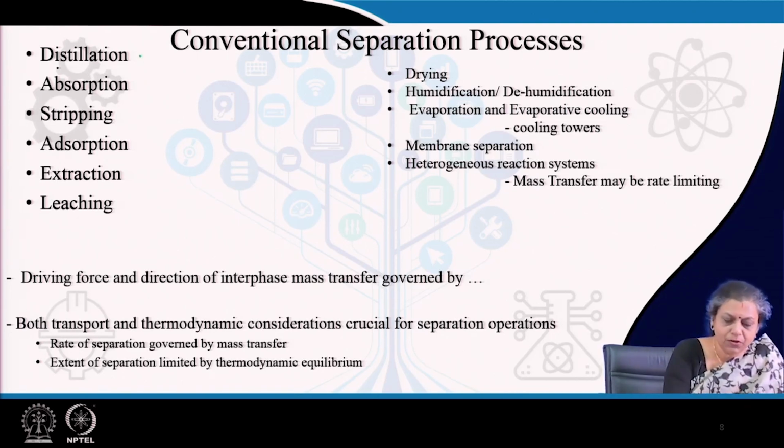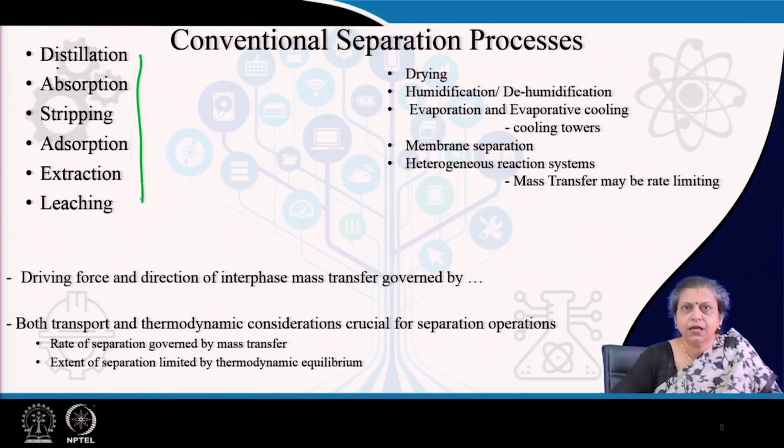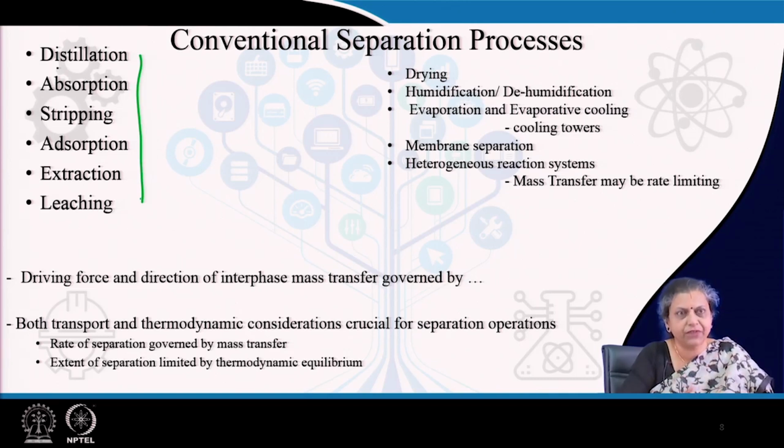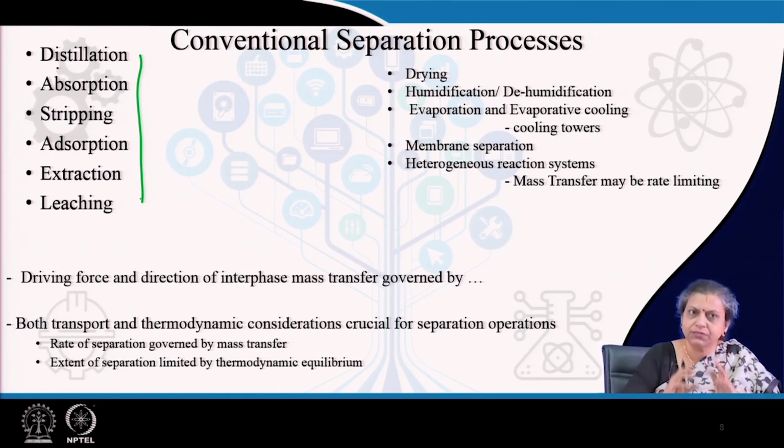For all the processes that we have discussed, in these processes, how much amount of the component will be transferring from one phase to the other, that depends not on the concentration difference of the component in the two phases, but the difference of chemical potential of the component in the two phases.